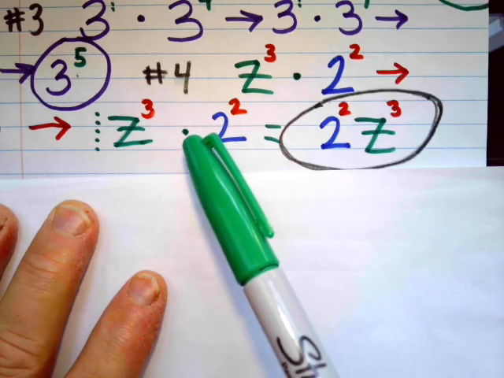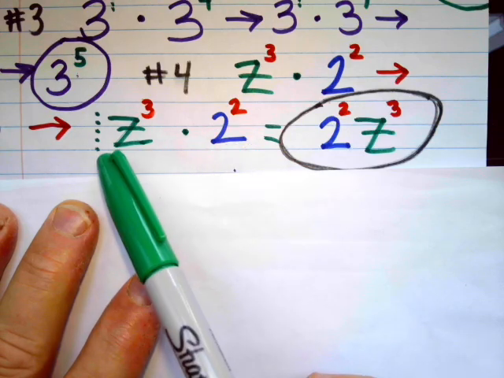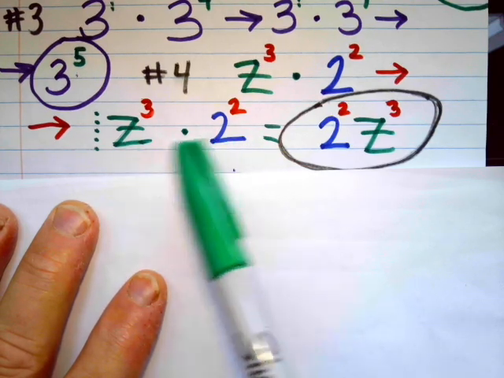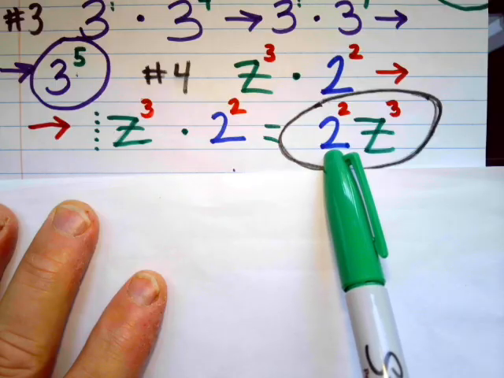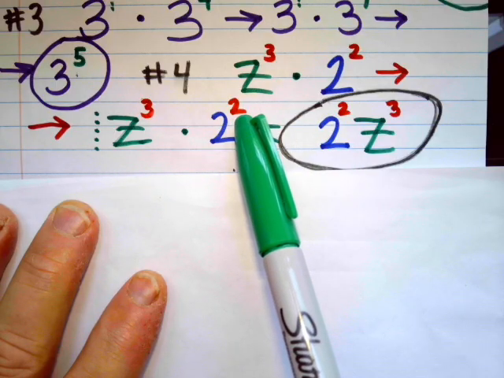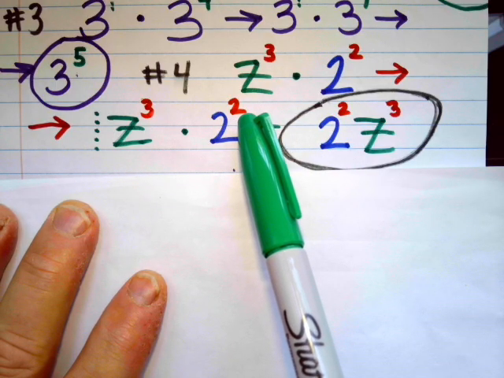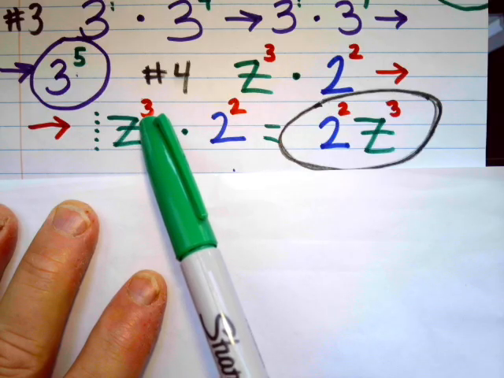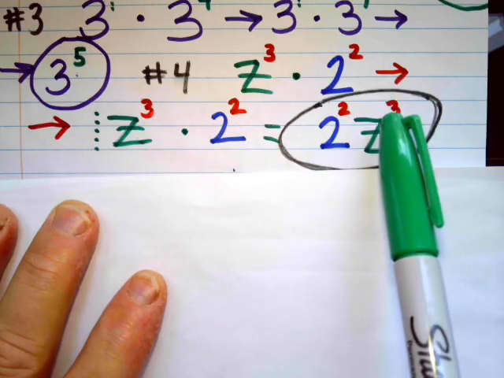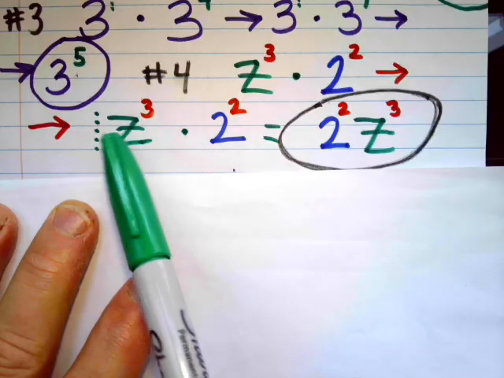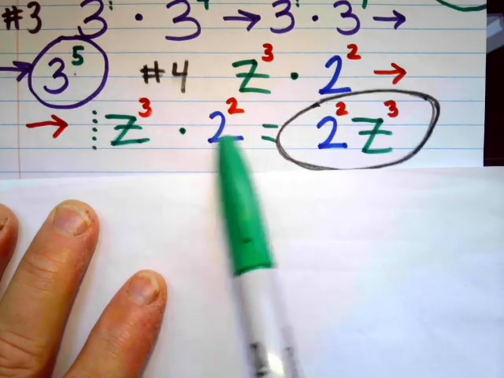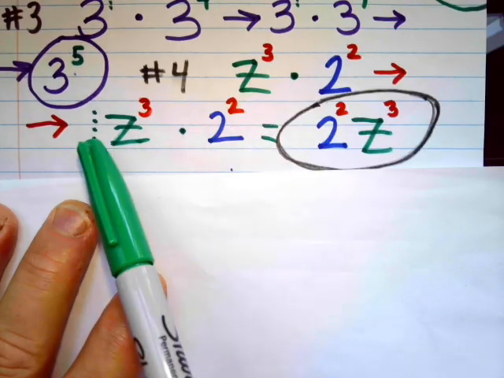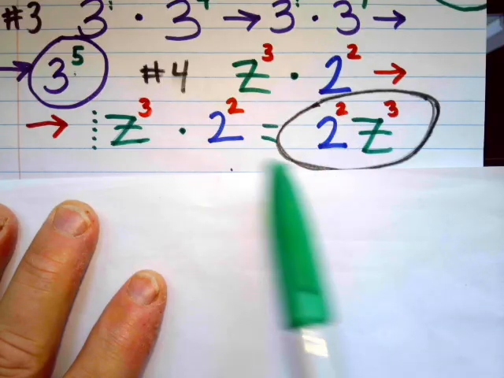Now we can multiply. What is 2 times 1? 2 times 1 is 2 to the 2nd power. And we keep that z to the 3rd power. 2 to the 2nd power times 1 is 2 to the 2nd power.